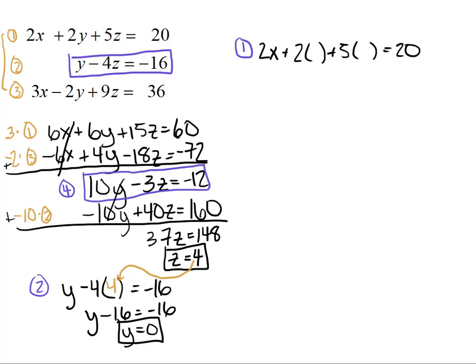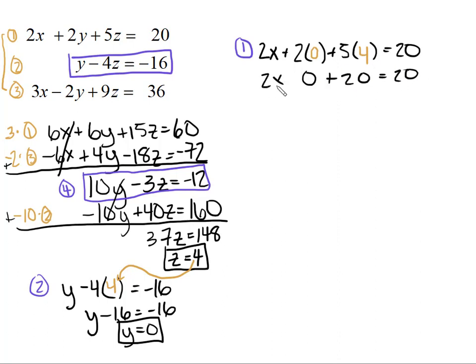So as I was saying, it's a great idea to check if you have the right solution. If you plug in the x, y, and z into all three equations, they should all be true statements. So let's substitute in. We're plugging in 0 for y and 4 for z. Okay, so crunching our numbers here. 2 times 0 is 0. 5 times 4 is 20.